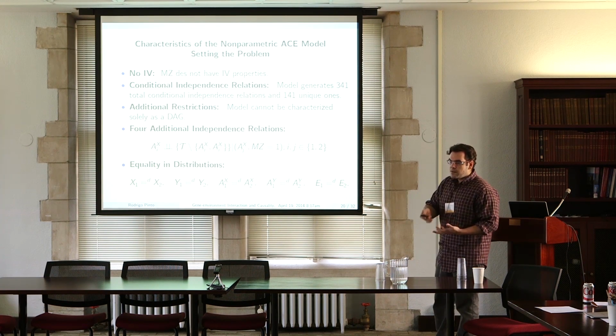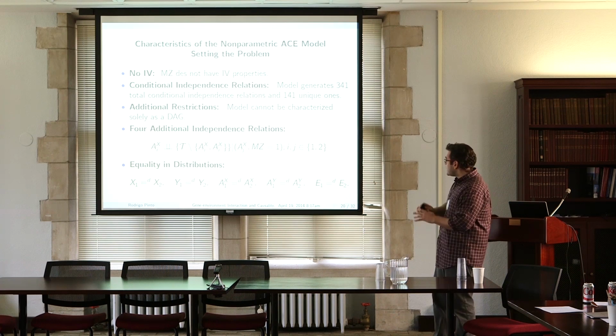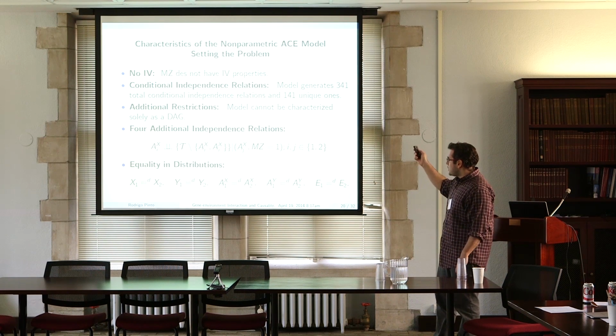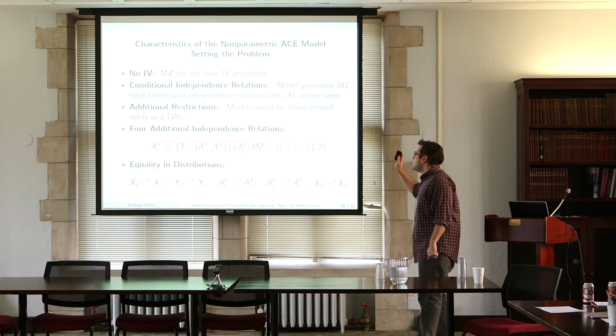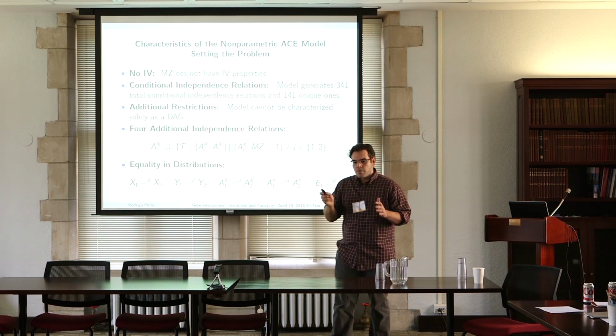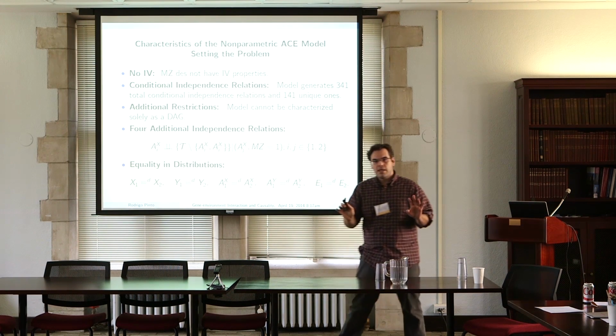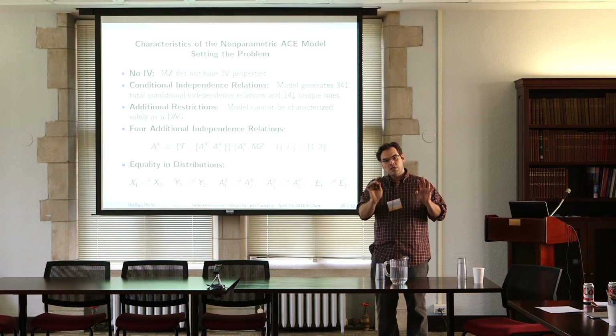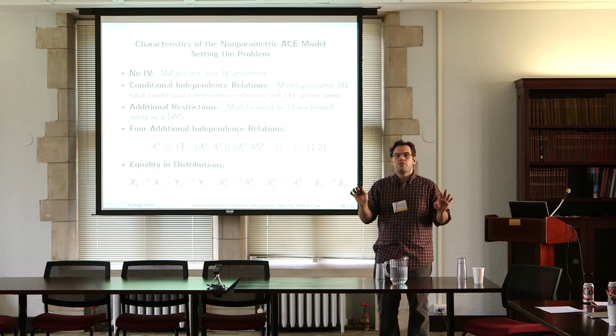Out of those, most are not as general as can be. If you take only the most general ones, you generate 141 unique conditional independence relations. This model cannot be represented simply as a DAG. By this I mean, I cannot represent this model simply as the causal relationship of variables.